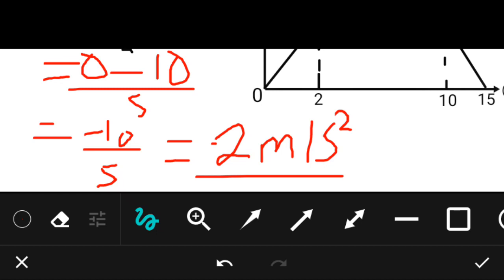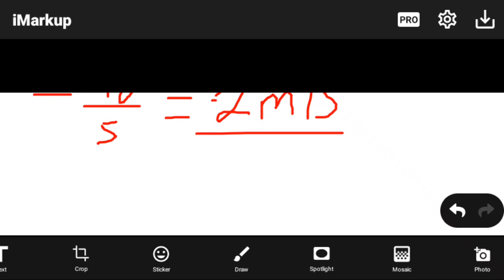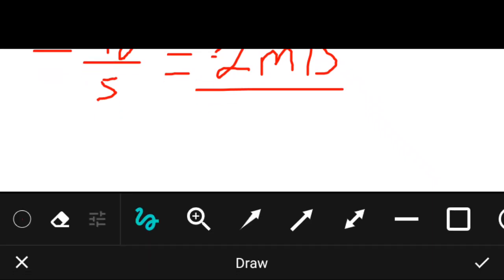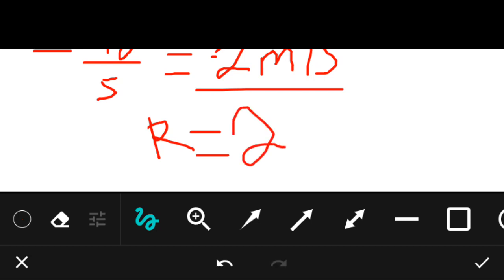Now, if you are tempted to write R for retardation, you are not supposed to indicate the negative there, because the word retardation itself means negative acceleration. So it will be just 2 meters per second squared.